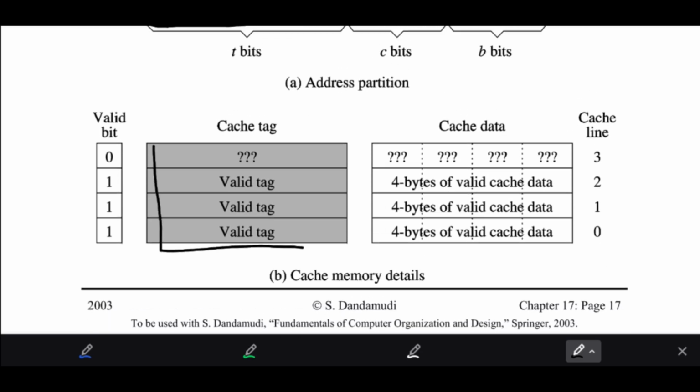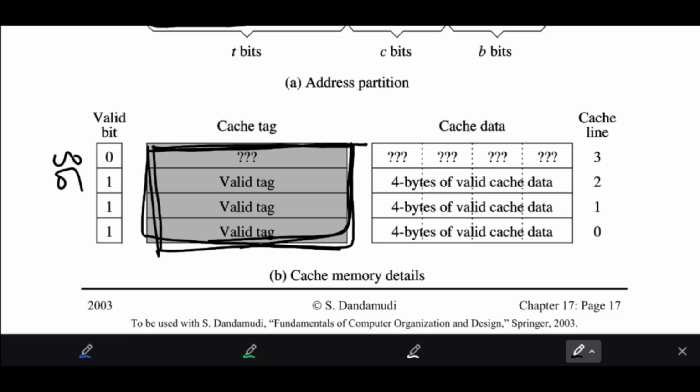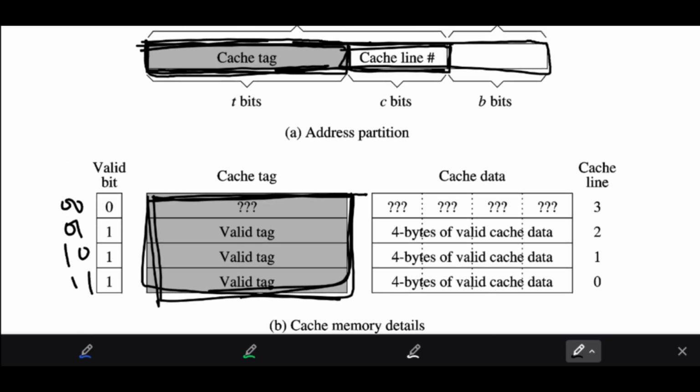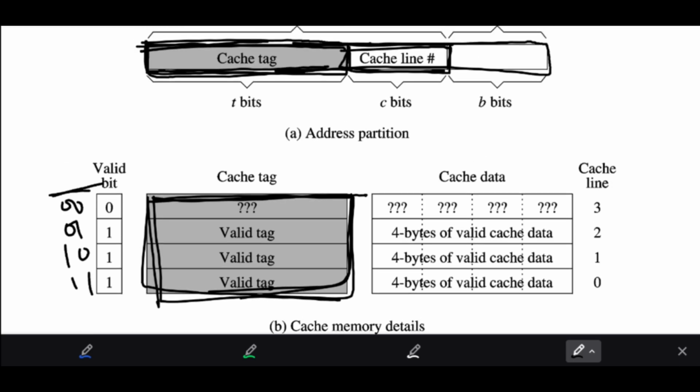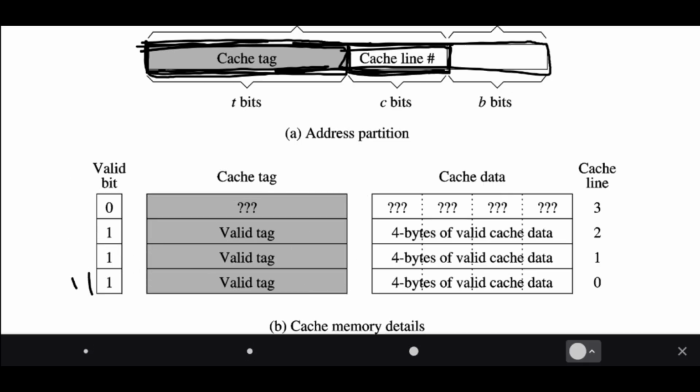There are 4 line addresses, so we will use 00, 01, 10, 11 for addressing the lines. These are 2 bits for the cache line. Cache line bits depend on the number of available cache lines.